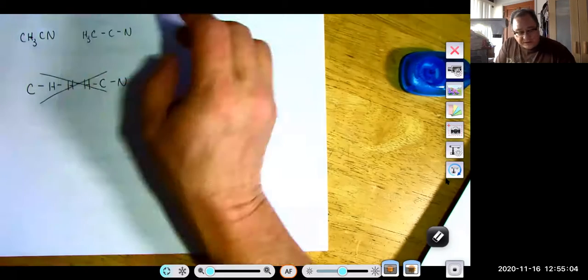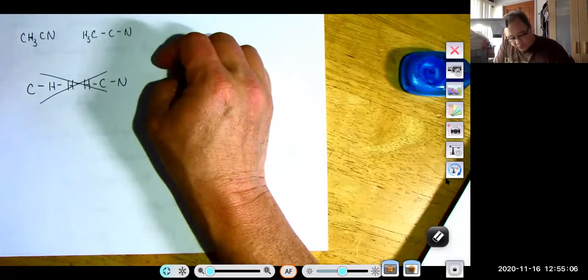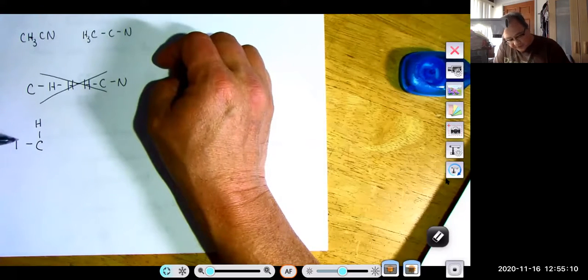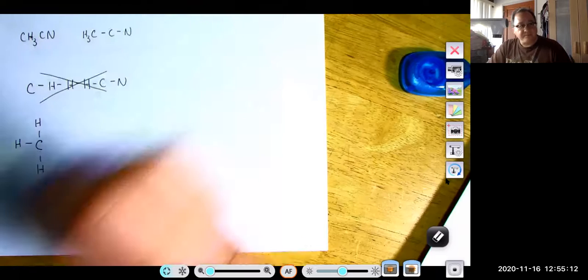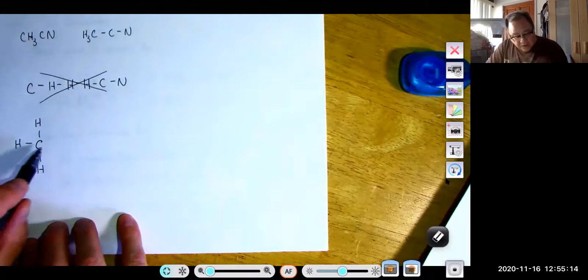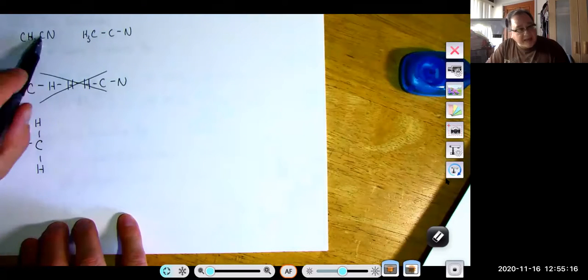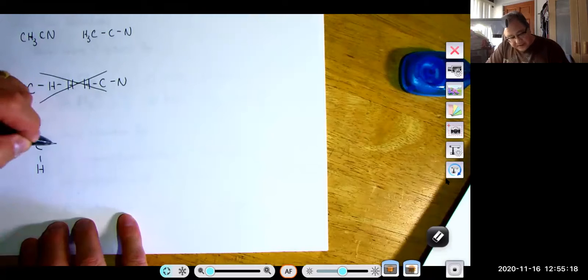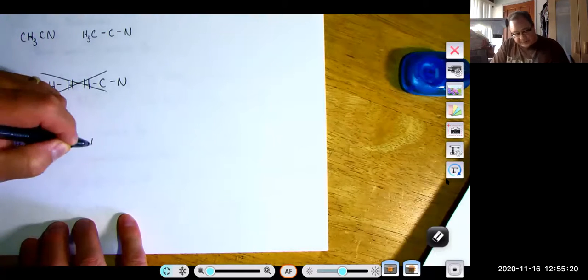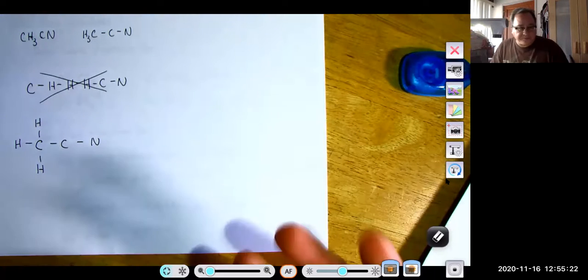So what does something like this mean? Well, it means the carbon is going to have 3 hydrogens bonded to it. And then what is the other bond for a carbon? It's to this next atom here. And then the nitrogen. So this is the initial structure.